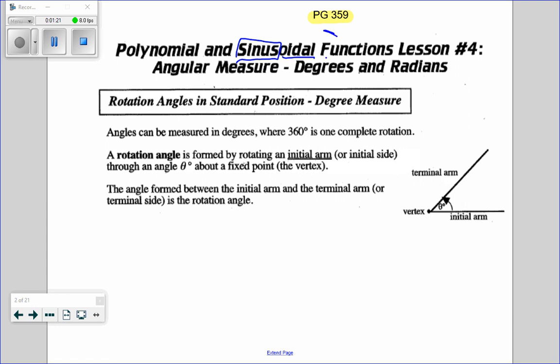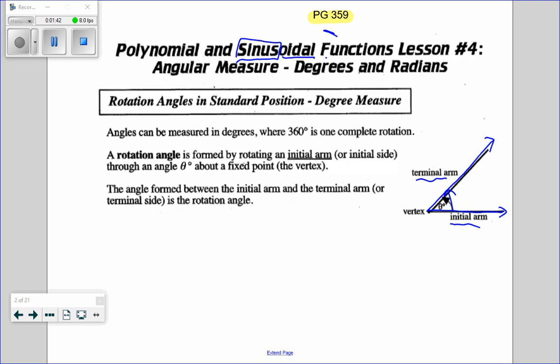Okay. So when we talk about a degree measure, we draw angles like this, right? You've done this forever. You've drawn angles. We call the starting point the initial arm, and we call the finishing point the terminal arm.